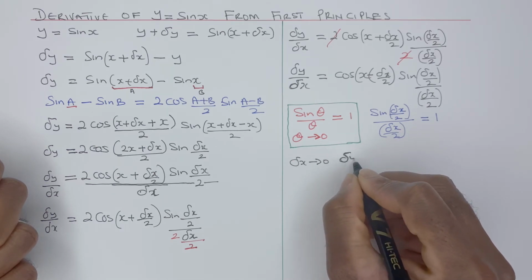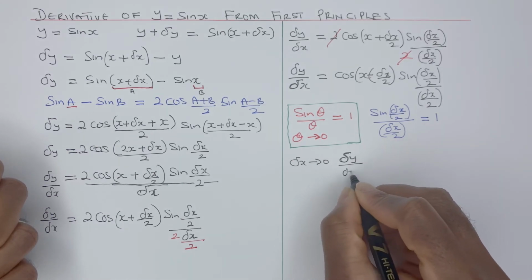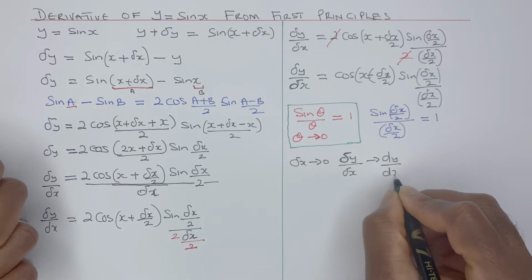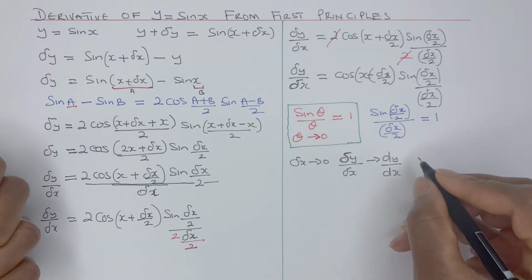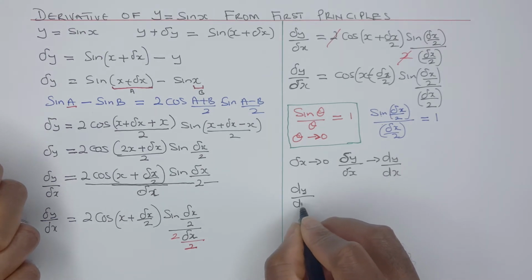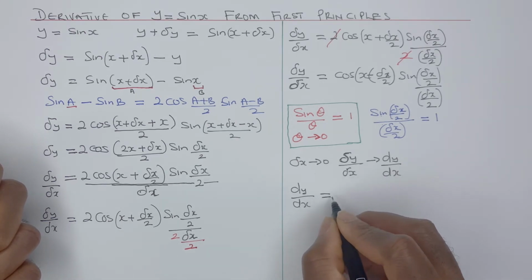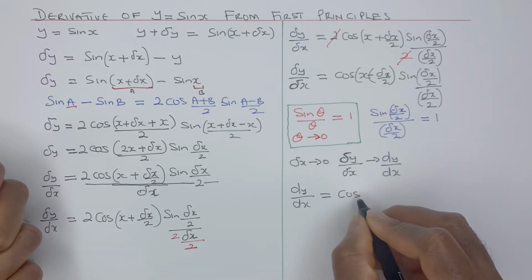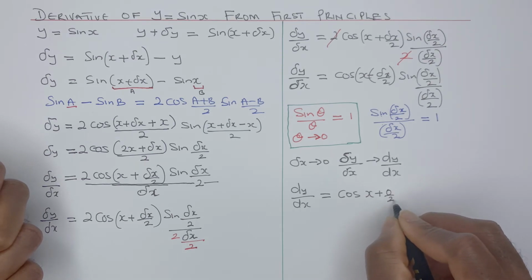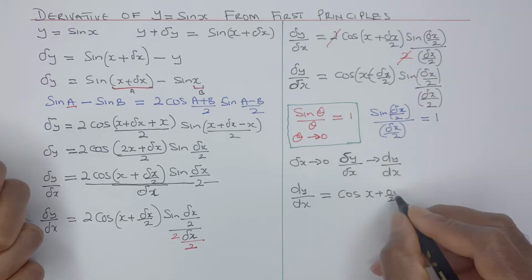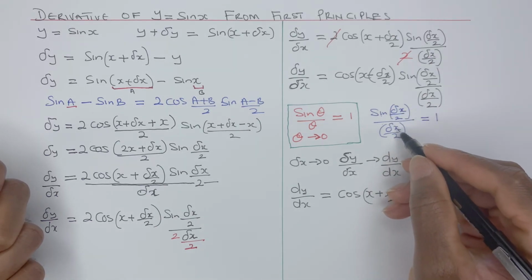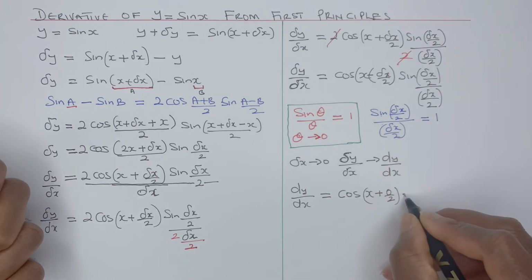delta y over delta x will tend to dy over dx, which implies that now we can write dy over dx equals cos of (x plus 0 over 2), because delta x tends to 0, times sine of (delta x over 2) over (delta x over 2), which tends to 1.